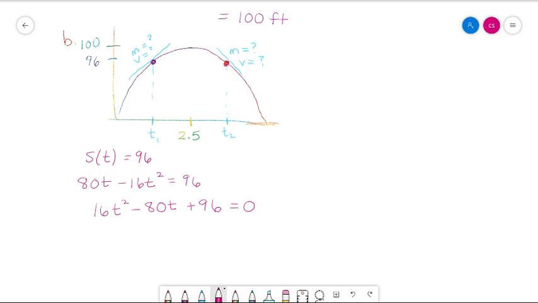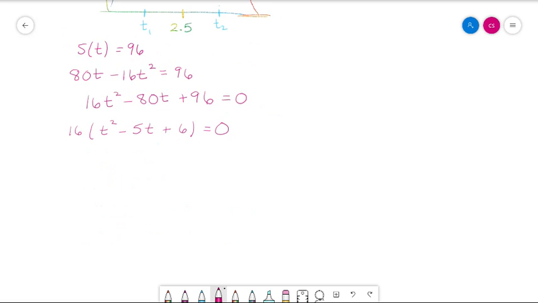So we actually have a greatest common factor of 16. And then let's see, I need two numbers that multiply to positive 6 and add up to negative 5, negative 2 and negative 3.